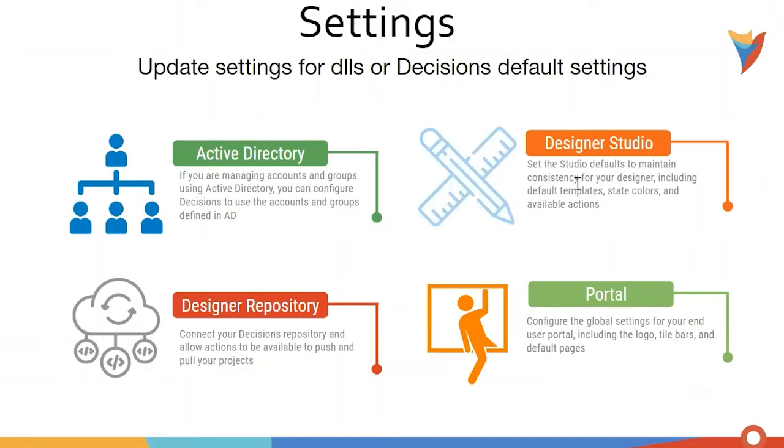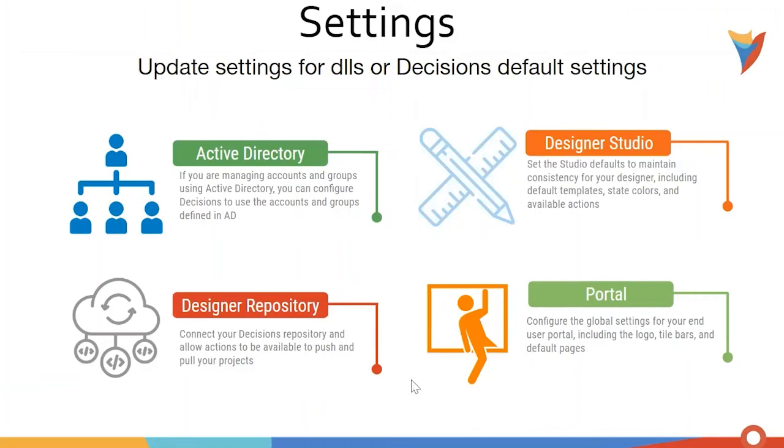It includes default templates, colors, as well as available actions, so you can modify these under the Designer Studio settings. Similarly, the repository settings can be managed under the Designer Repository settings, and the portal settings constitute global settings of an end user portal, including the logo, title bars, and default pages. So these are the most frequently used settings categories.